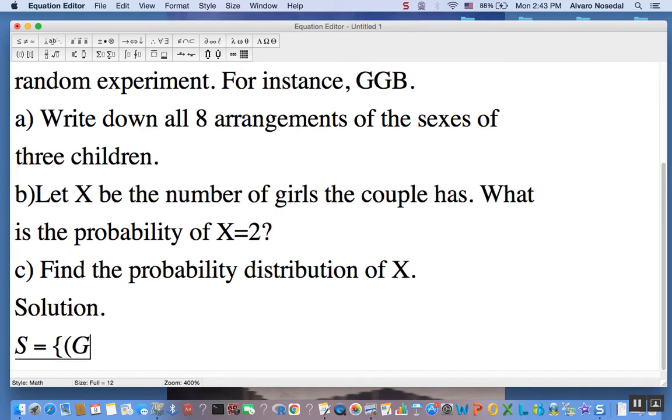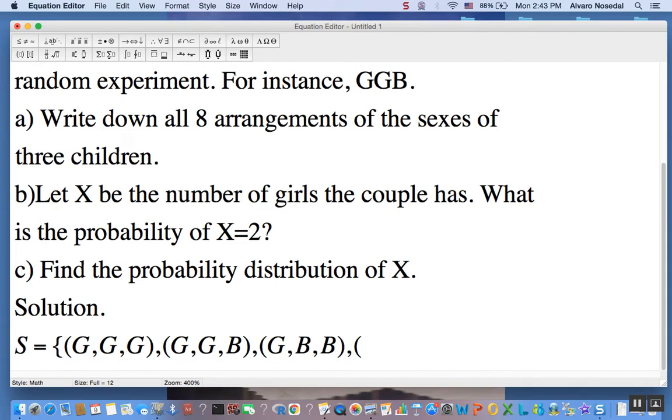So GGG is one possible outcome. Another one would be GGB. Another one GBG.